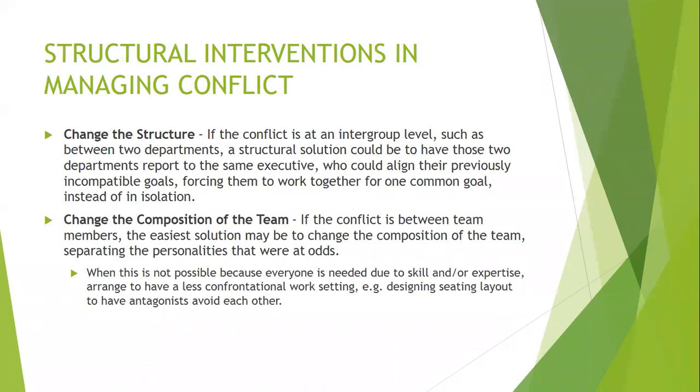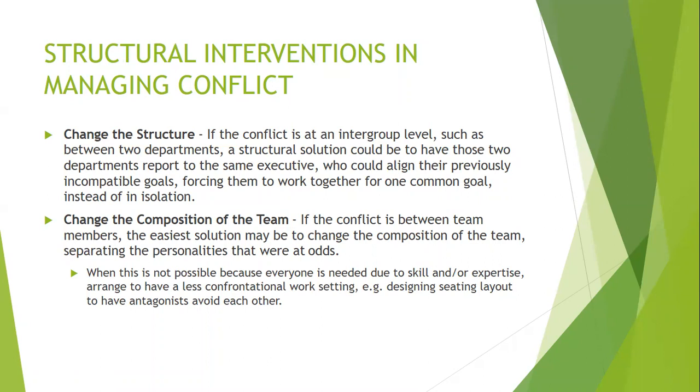Now we want to look at structural interventions in managing those conflicts. So what can we do within the organization to help manage some of these conflicts? We can change the structure. What do we mean by this? If the conflict is at an intergroup level, such as between two departments, a structural solution could be to have the two departments, such as the heads of those departments, report to the same senior executive, one person higher than them.